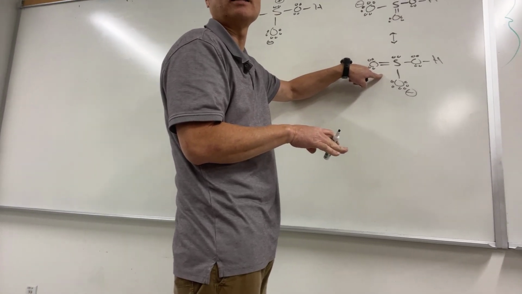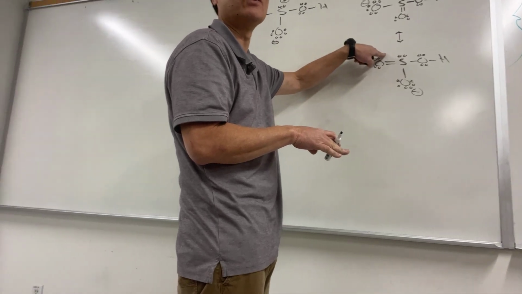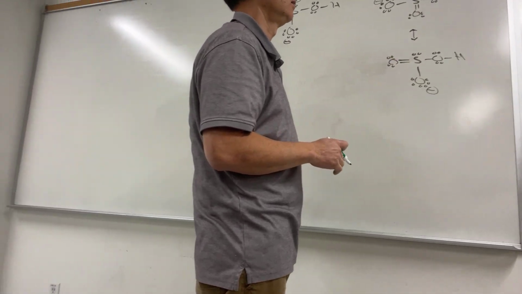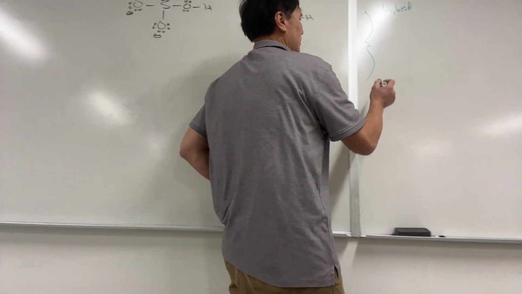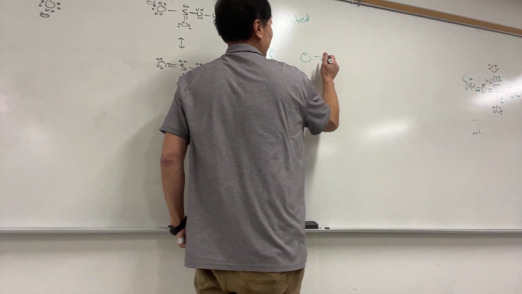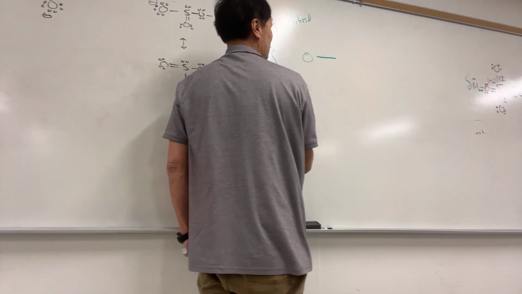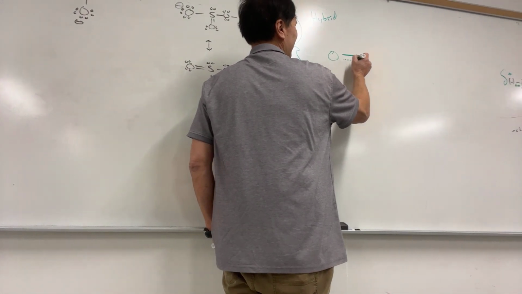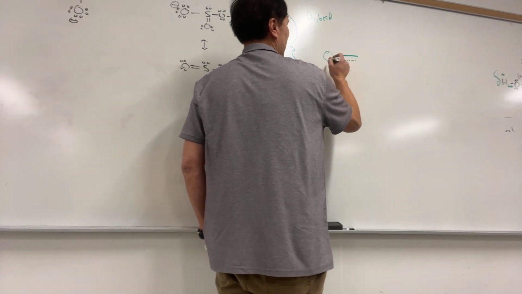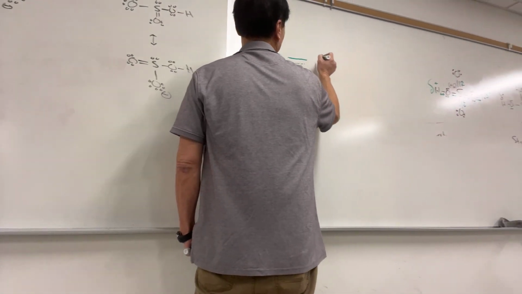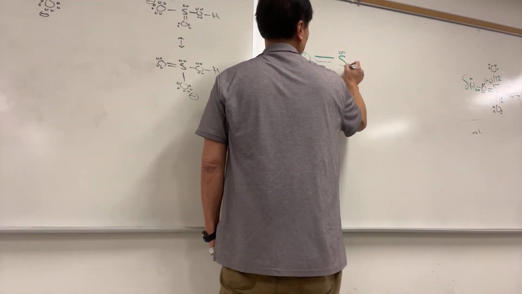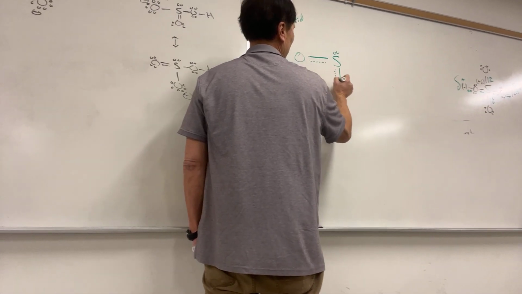Like halfway between a single and a double would be a 1.5 bond. And so what we're going to end up with here is a 1.5 bond. How do you draw a 1.5 bond? You draw like the pi bonding electrons being spread out like that. And then this one will be a 1.5 bond like that.